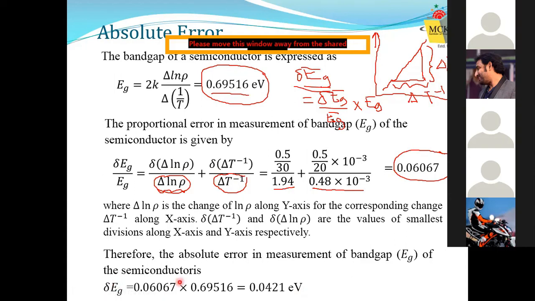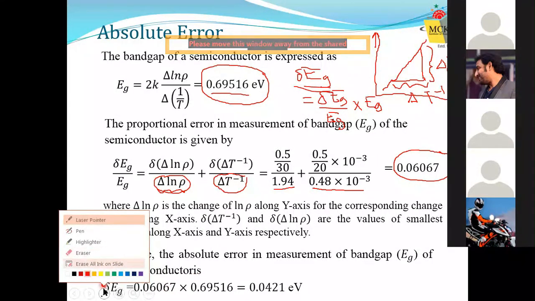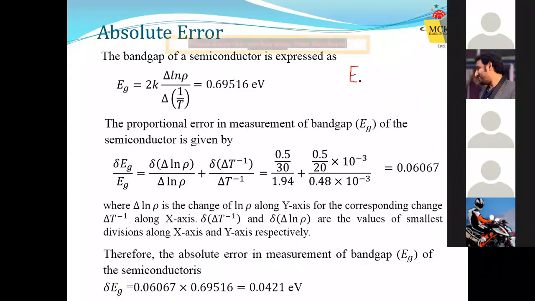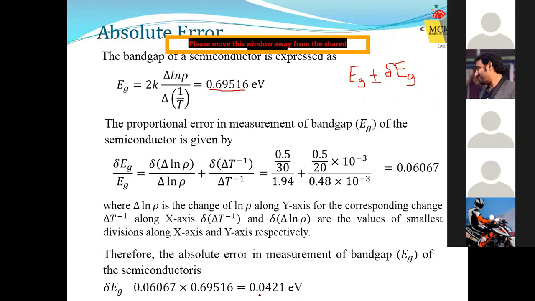Next thing, what do you need to do? You know this very well, that you'll have to write your result in this form, that is Eg plus minus delta Eg. So your Eg is this and your delta Eg is this.